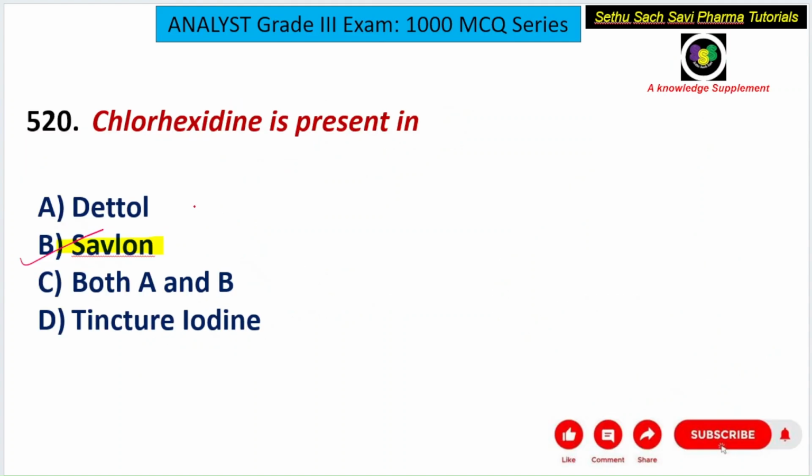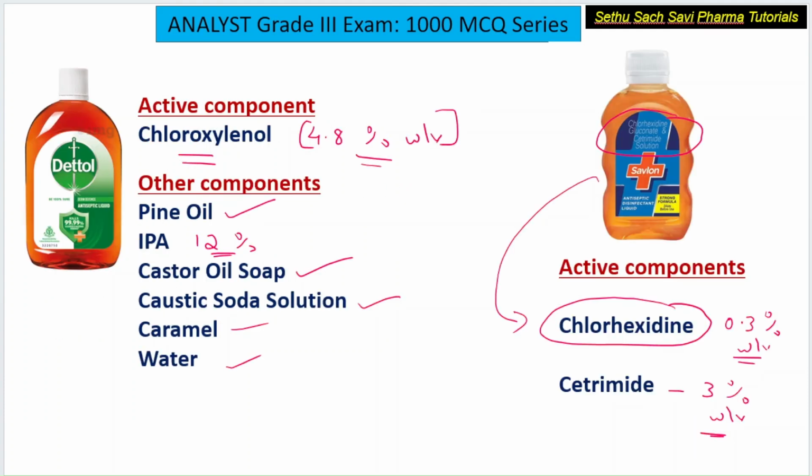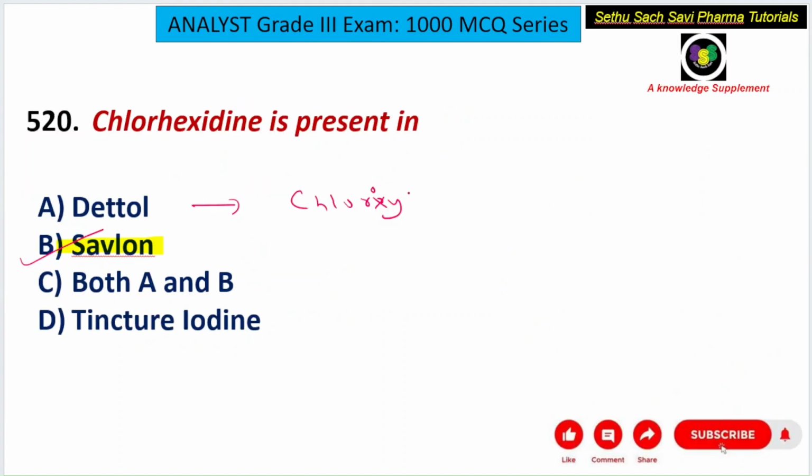Also remember that in Dettol it is chloroxylenol. What is chloroxylenol chemically? Remember, it is parachlorometaxylenol. Sometimes in the exam it can be asked, what is chloroxylenol chemically?